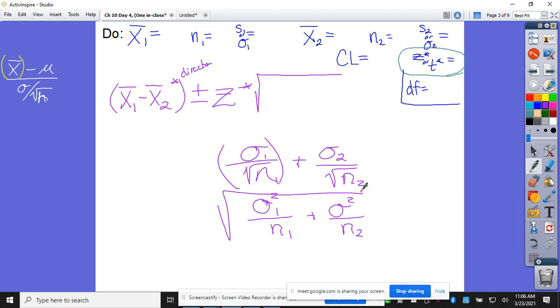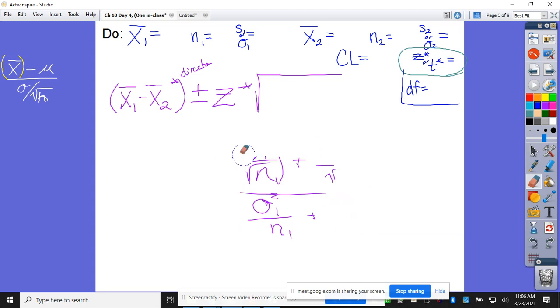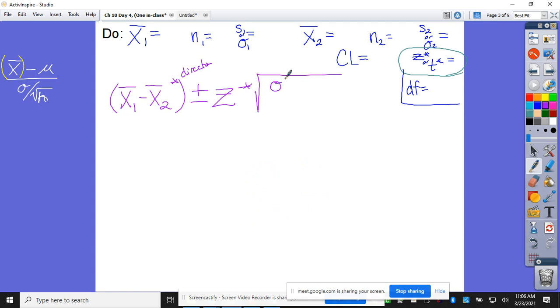So why does it have sigma squared over n instead of sigma over square root n? Because we had to combine through variances and then undo it. Does that make sense? And I probably lost a few of you, and if I lost a few of you, remember this equation: sigma squared 1 over n1 plus sigma squared 2 over n2.